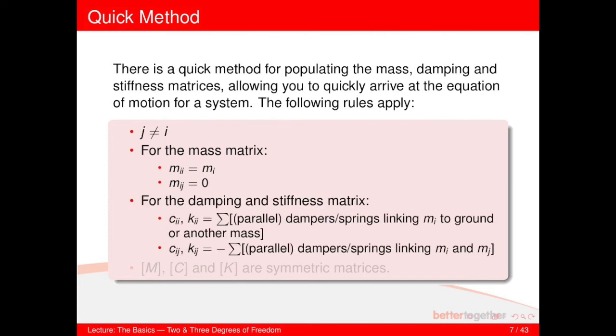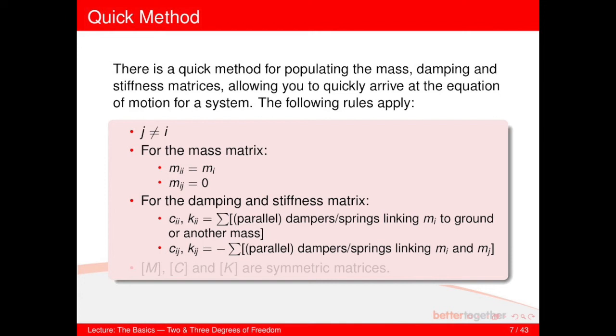Now for the damping and stiffness matrix, it's a little bit more complicated. For the diagonals, so Cii and Kii, what you do is you take your mass and you look at all the springs that are connected to that mass, so connected to either ground or to another mass. And you sum them, all the dampers that are connected to that mass, you add them up, and that will be on your diagonals.